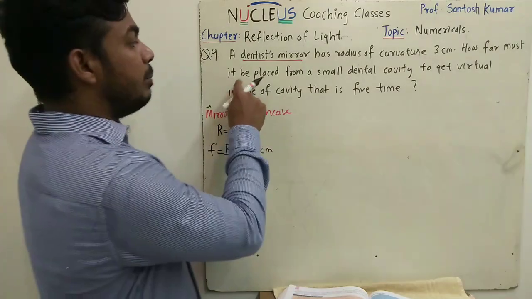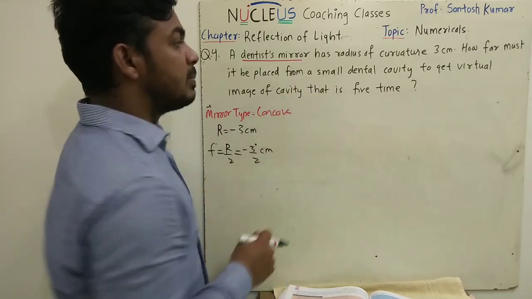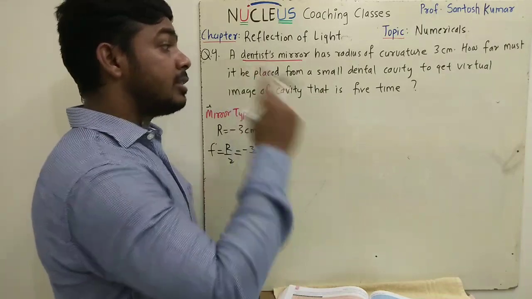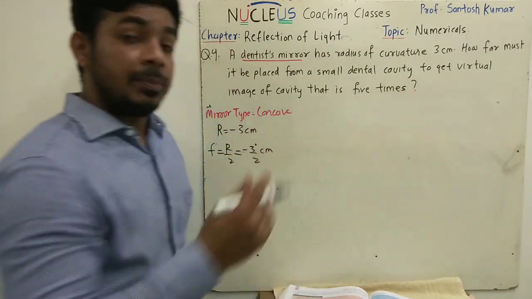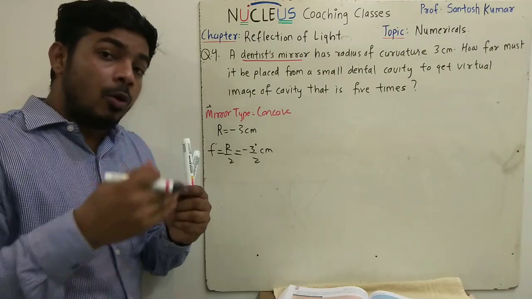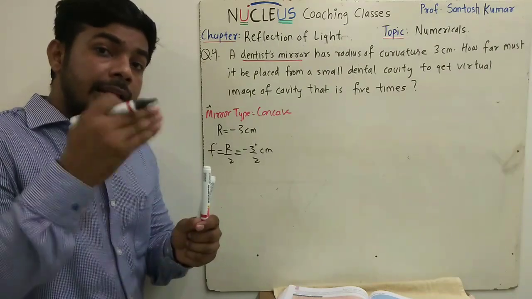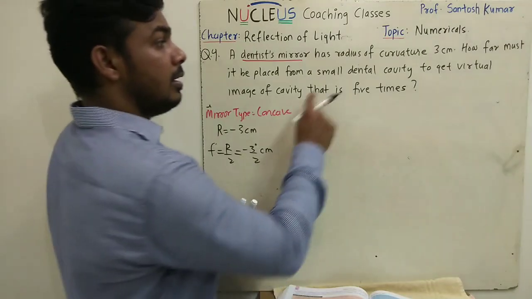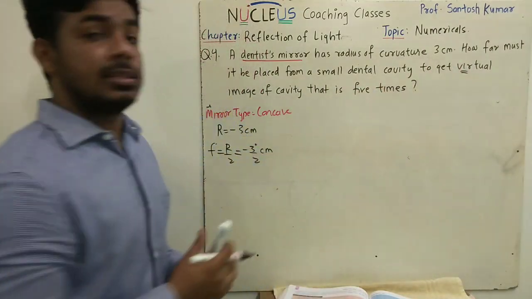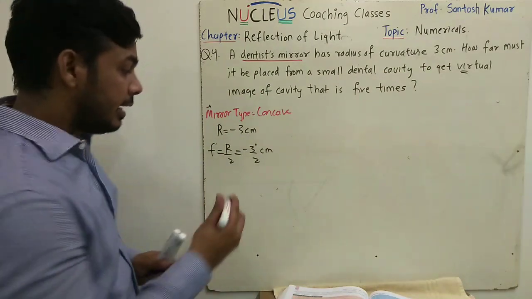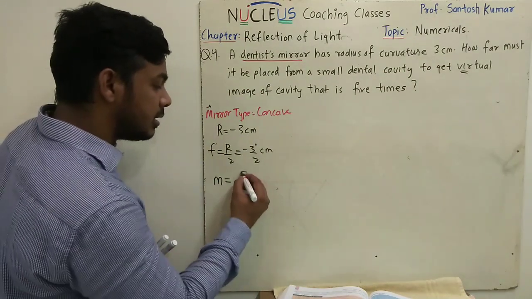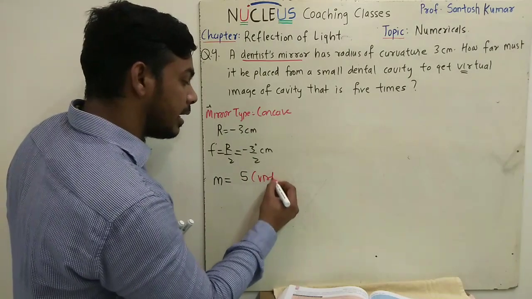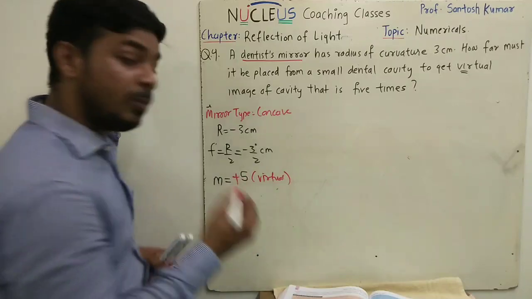How far must it be placed from a small dental cavity to get a virtual image of the cavity that is 5 times larger? That means from the cavity, where must the mirror be kept to get the size of the cavity as 5 times? And remember, to get a virtual image 5 times the size, they have given magnification as 5 times, but we are talking about virtual magnification, and definitely it has to be positive.